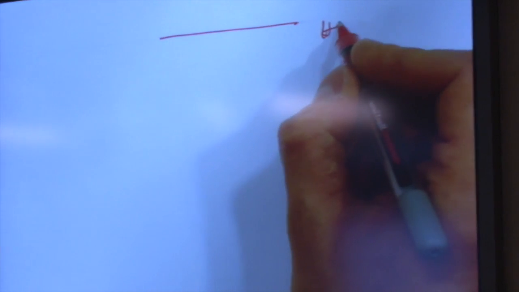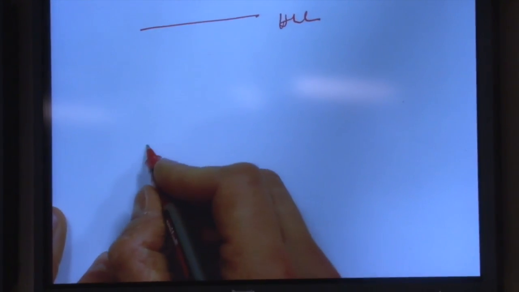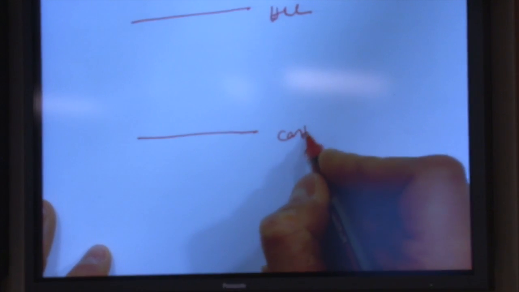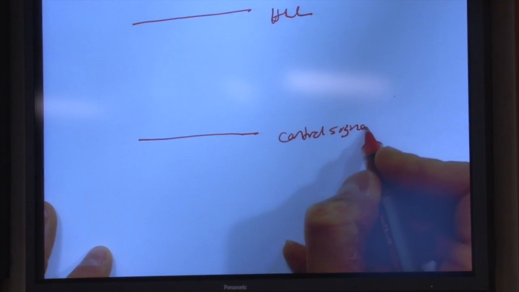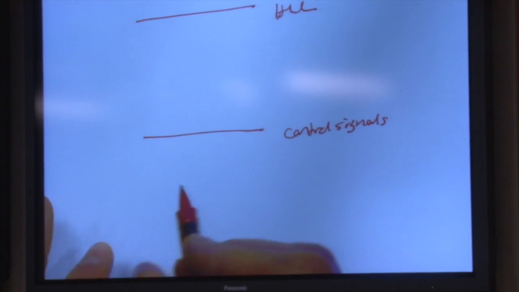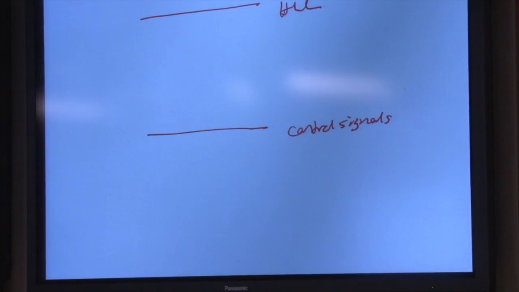Let me draw this again. So you have, as an architect or as an ISA architect, you have a choice. You have this high-level language that you're building your machines for, and then you've got to execute them using some control signals in the hardware. And you have a choice of where to place your ISA.